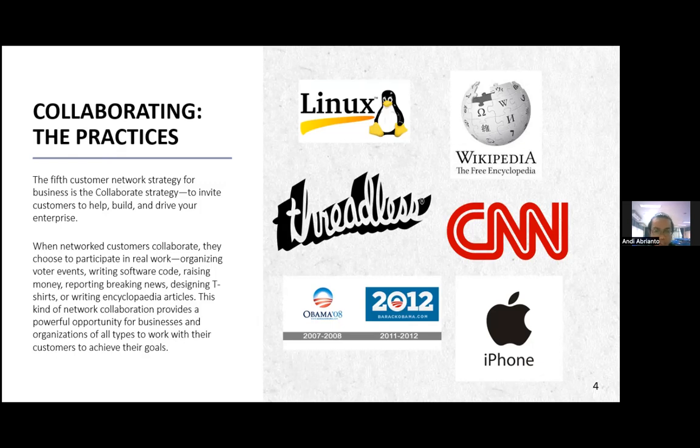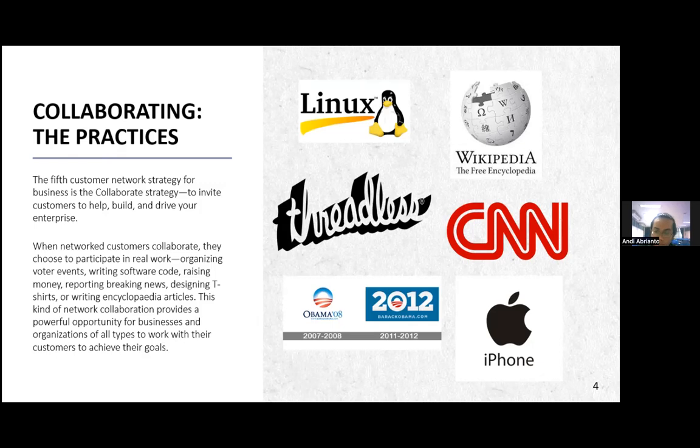Now Wikipedia has over 200 languages working on this site, with its English language site offering articles on vastly more topics than any printed encyclopedia in human history. Linux and Wikipedia were both non-profit efforts where the collaborators worked for free. But their success raised the question of whether collaboration in customer networks could be used by profit organizations.